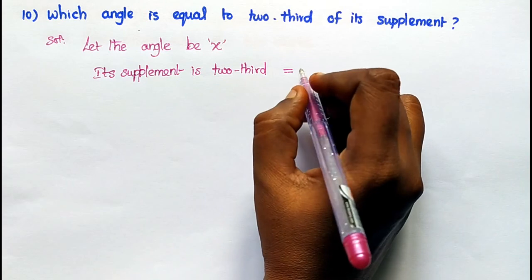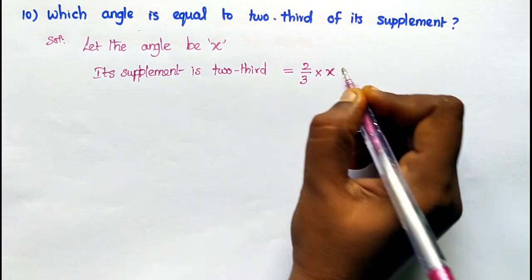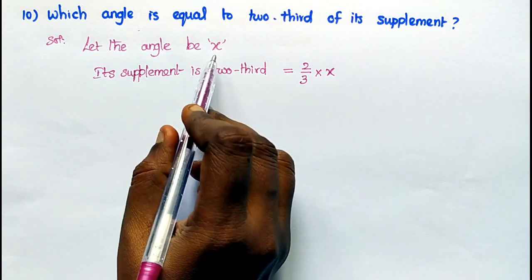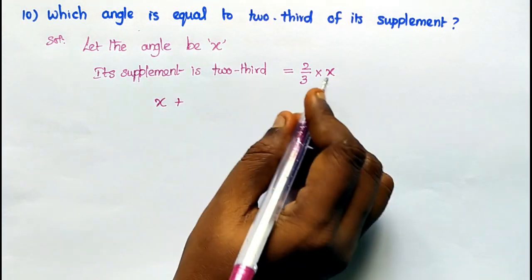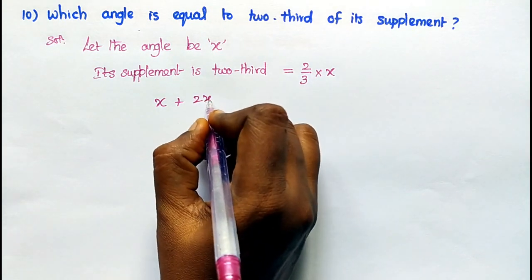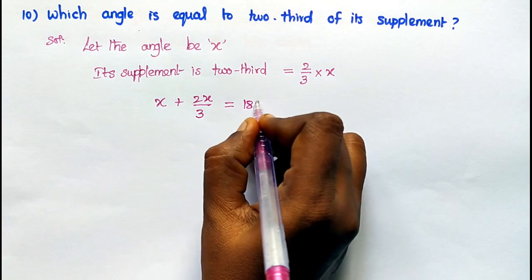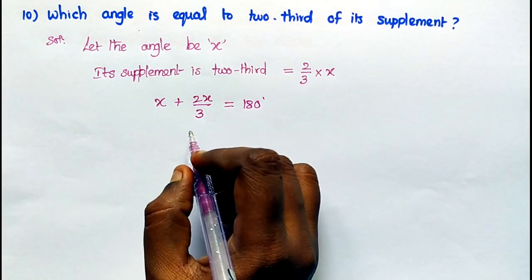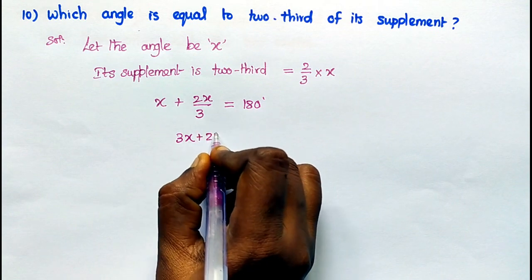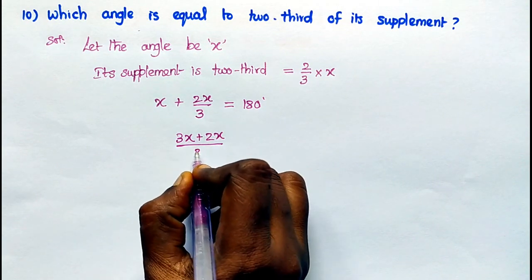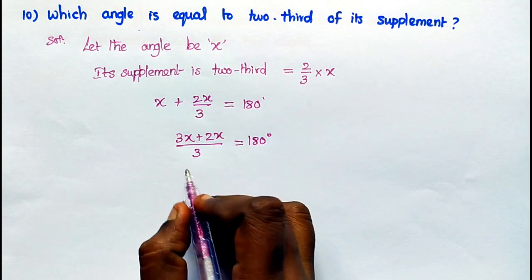So that is equal to 2/3 into x. Now we add these two angles, x plus 2x by 3 equal to how much? 180 degree. 3x plus 2x whole divided by 3, that is equal to 180 degree.